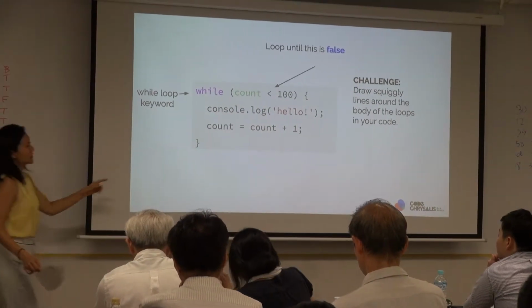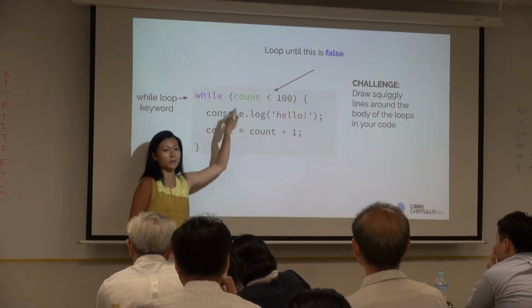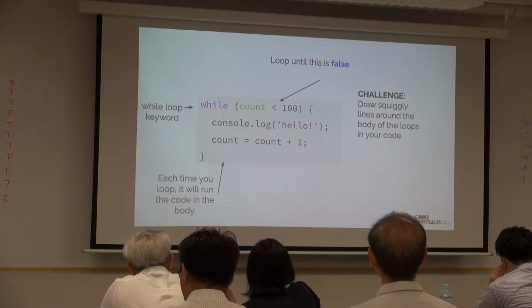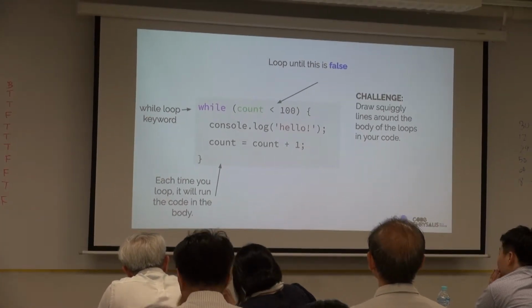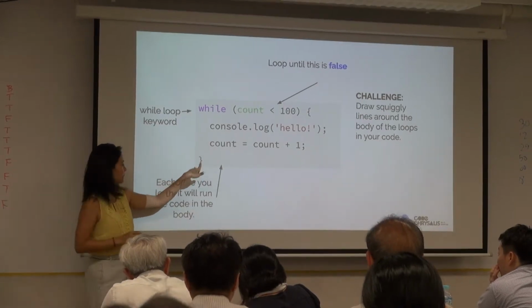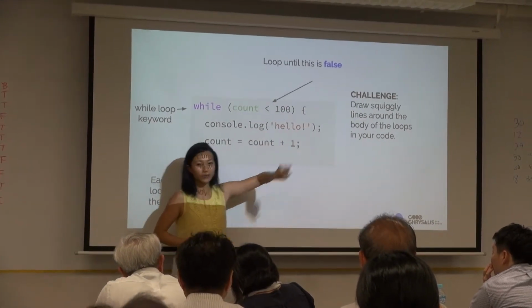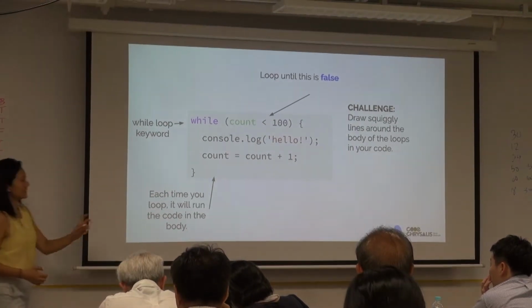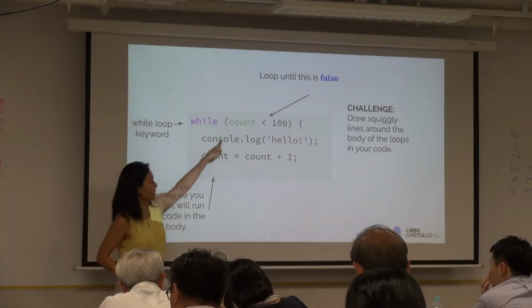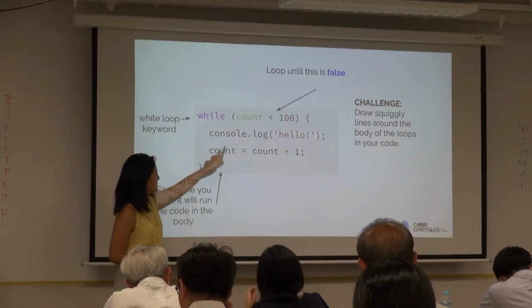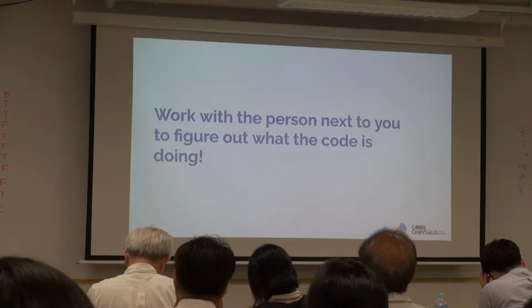So while it is true, it keeps going through and running the code. And each time we loop, we will run the code inside of the curly brackets right here. So while the count is less than 100, we print hello, we say hello, and we change the count.